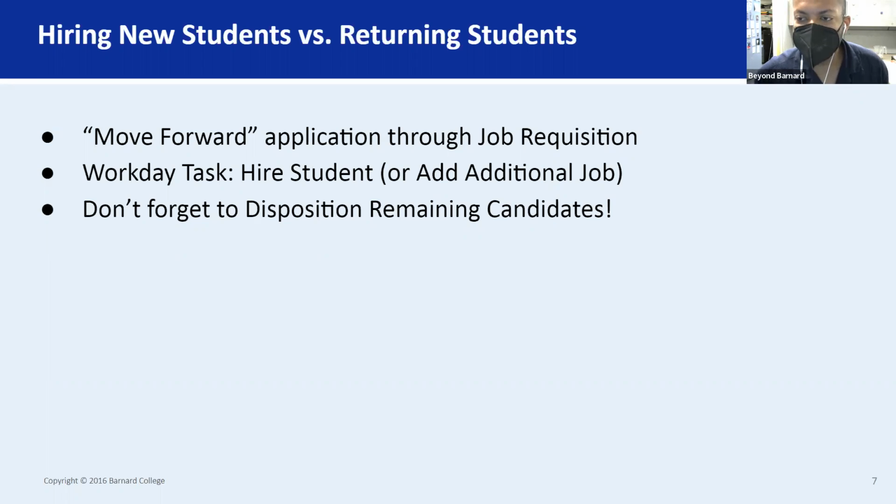And then don't forget to disposition the remaining candidates. So we get a lot of applications to positions in Workday, and it's important to let students know when they haven't gotten the job. That way they can move on and everything's clear and well communicated. So be sure to disposition those remaining candidates.